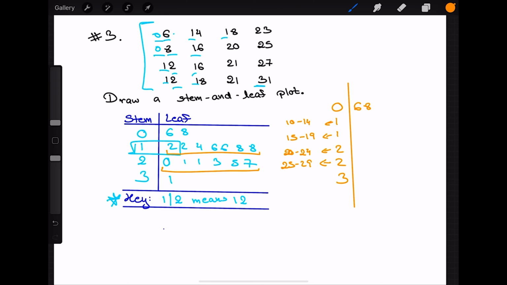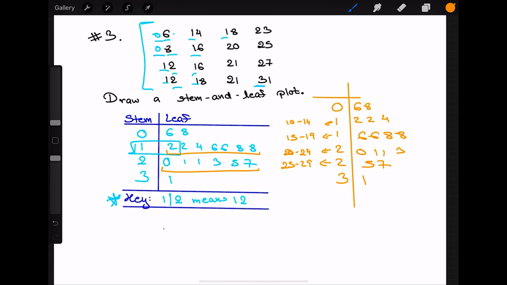You just have 5 to 9, so 6 and 8. Then for 1, the first has 2, 2, 4, and the second one has 6, 6, 8, 8. For 2 you have 0, 1, 1, 3, the second 2 having 5, 7, and the 3 remaining with 1.